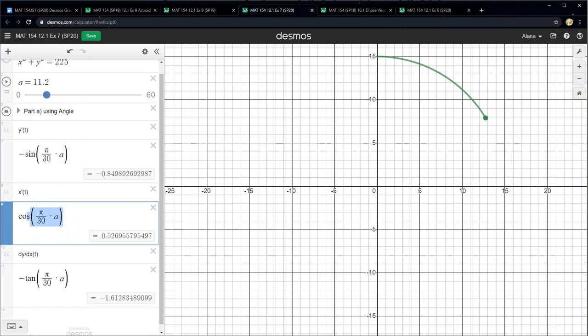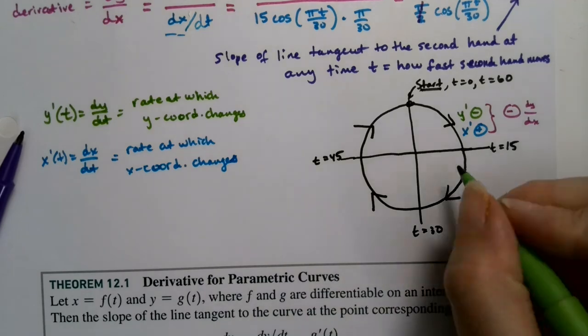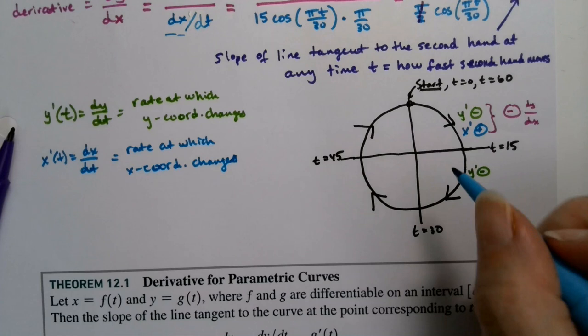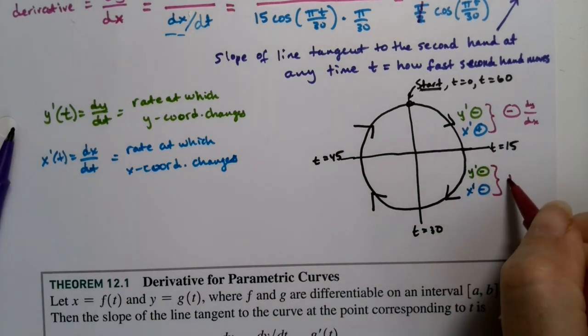If I let it grow past 15 seconds, so I'm in quadrant 4, it becomes negative over negative. Why? Well, because as my time grows, I'm moving downward in y and left in x. If you're moving down, that's negative. If you're moving left, that's negative. So in quadrant 4, y prime is negative, x prime is negative, which means that dy dx is positive.